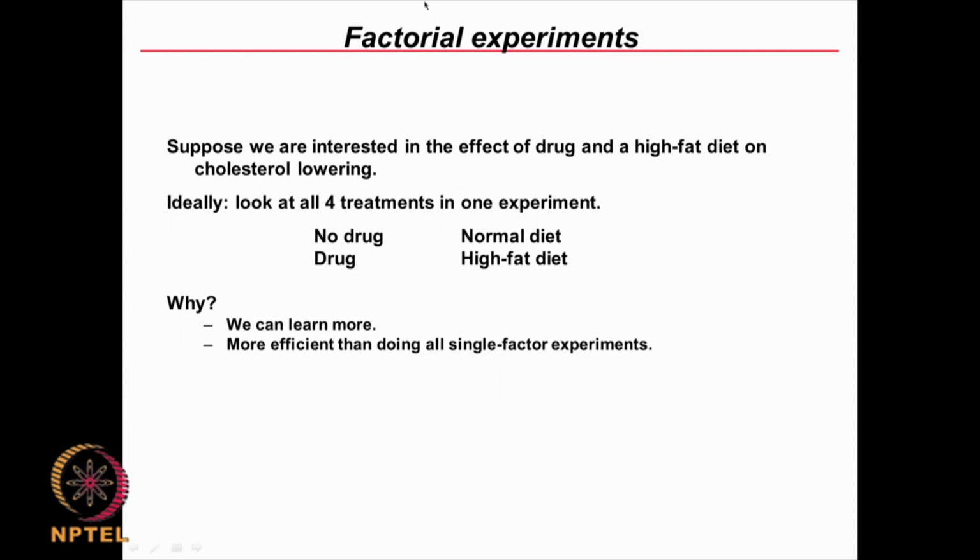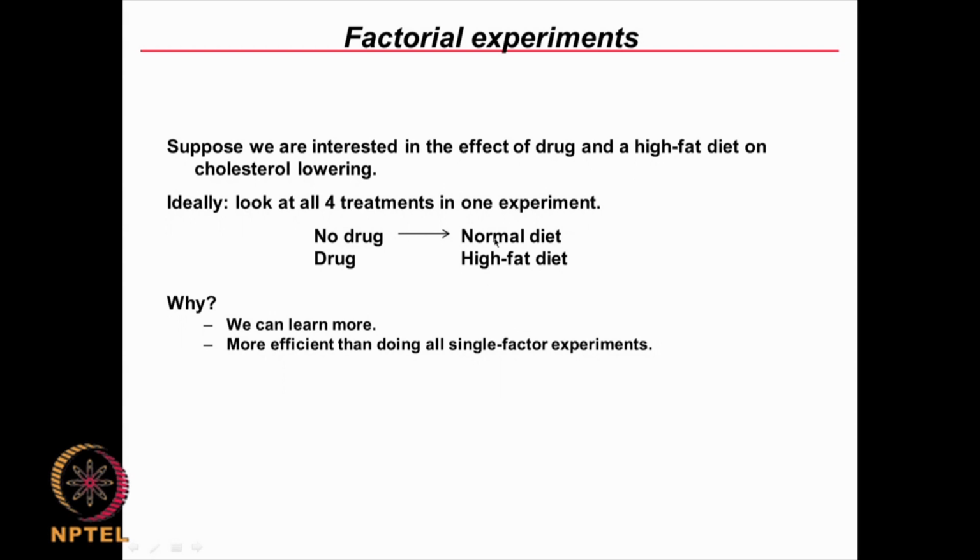Now, there is something called factorial experiments. You are going to come across this word factorial quite often. So, imagine I am looking at a drug and diet for cholesterol lowering. So, you could have no drug and then normal diet, high fat diet. So, you can have 4 different treatment strategies, right?